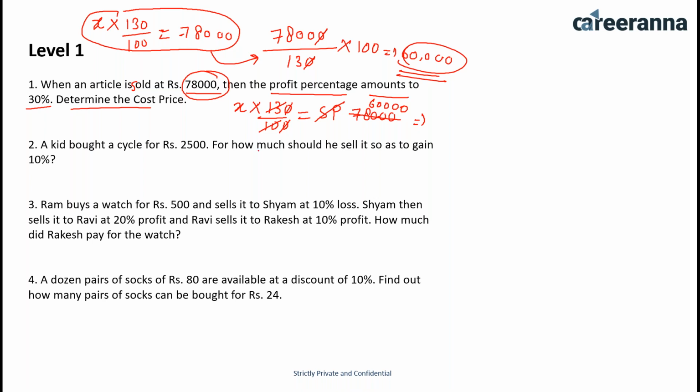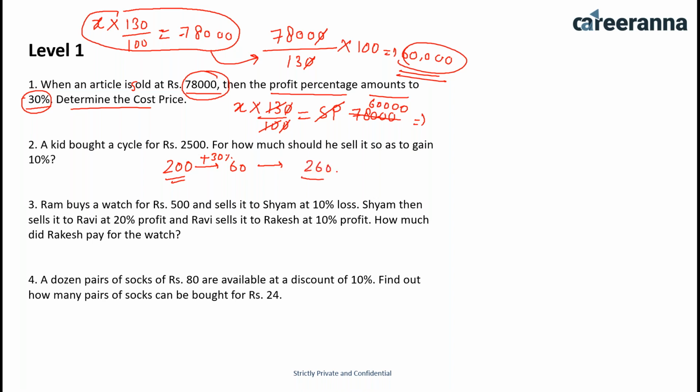Okay, why 130? Very good. Let me explain. I told you that a 30% increment is there. Suppose we take the number 200. If I add 30% of 200 to it, how will you do it? 30% of 200 is 60, right?